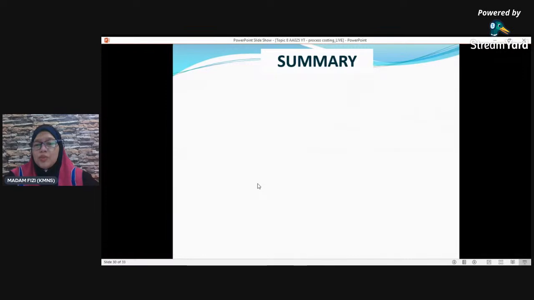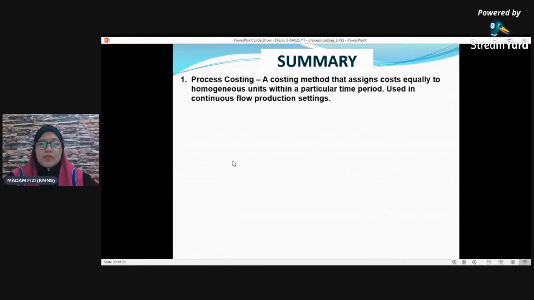Okay, so for the summary in process costing, first of all, process costing is a costing method that assigns cost equally to homogeneous unit within a particular time period used in continuous flow production setting.